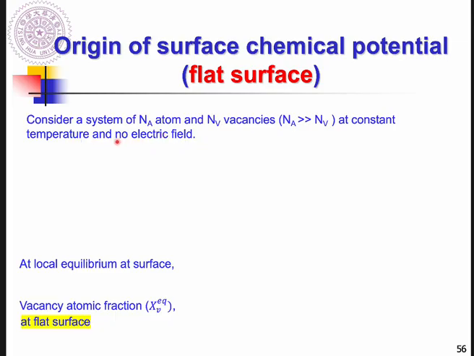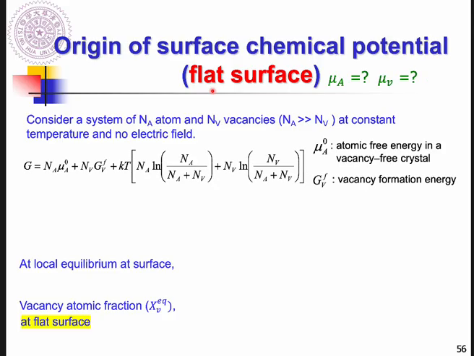Write it down: no electrical field means no EM, and constant temperature means no TM happens. So what we have here is pure A with vacancies. Under this situation, can you roughly write down the chemical potential of atom A on this flat surface, and also what is mu V?